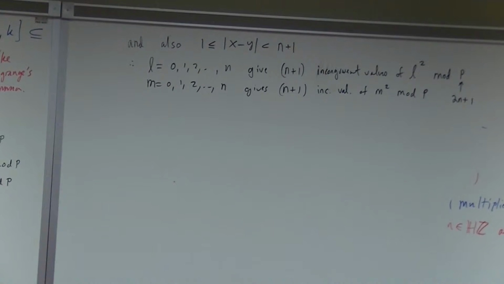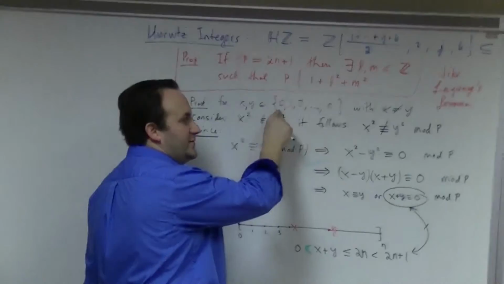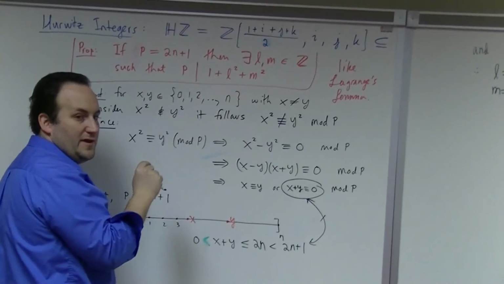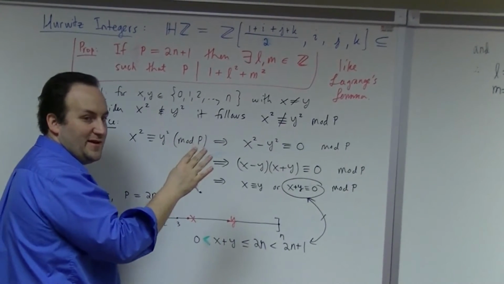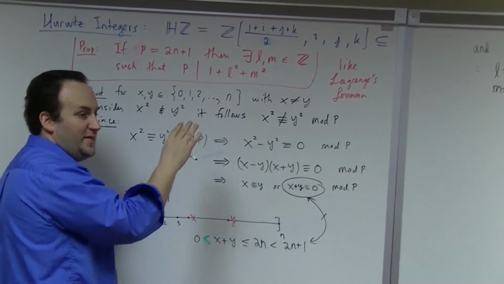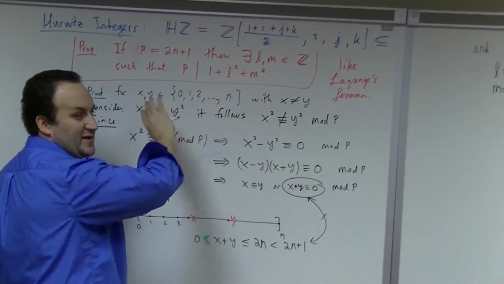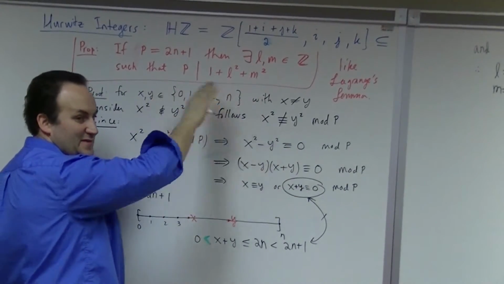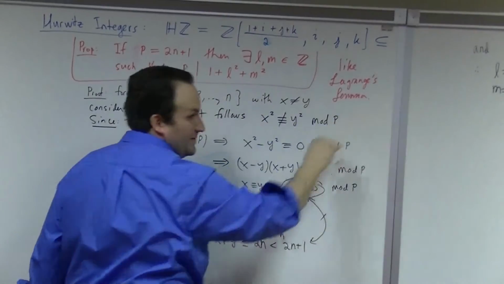Basically, just because they're both from this list, right? We can be a little bit more logical about this and a little bit less technical. Let's use our intuition here for just a second. We're taking two numbers between 0 and n. We're working mod 2n plus 1, right? So the equivalent representatives of things in here are not close to this. They're way over here.